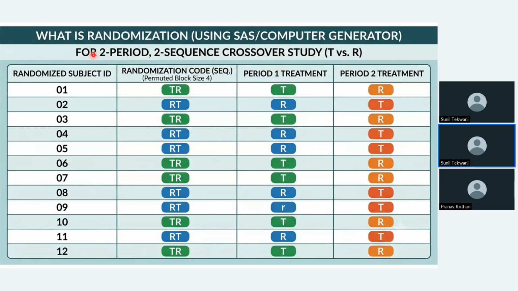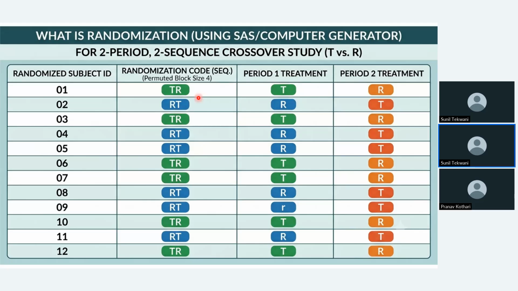Now come to the first definition, randomization. See, these sequences TR and RT are random. It's not that we are giving alternate TR, RT, TR, RT. Okay. So this is known as randomization of the study.